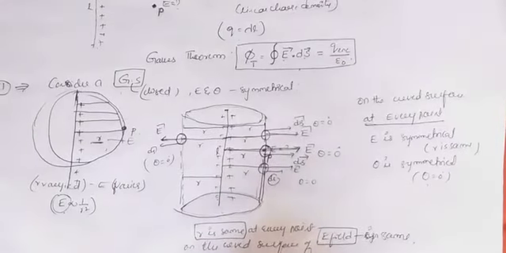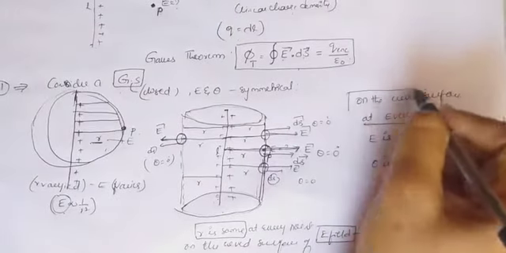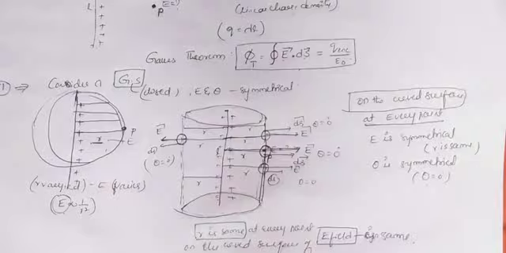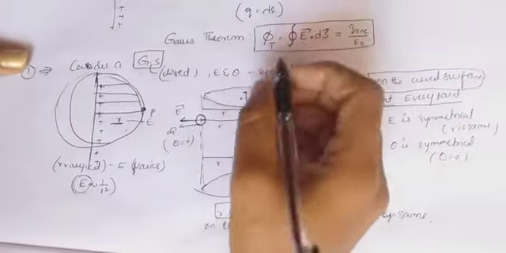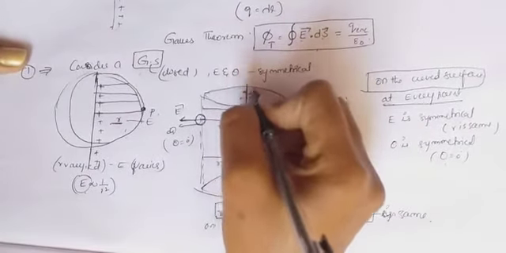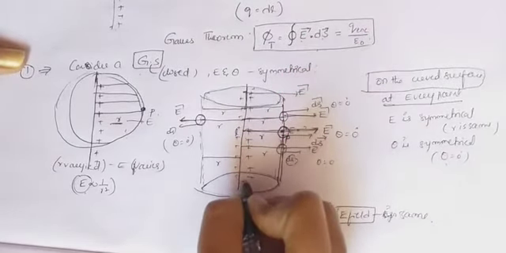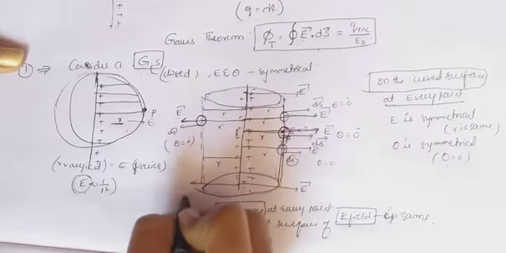Now we have another surface, the flat surfaces. See here, this is a flat surface and this is a flat surface. Here this is the conductor, and this is the electric field direction.